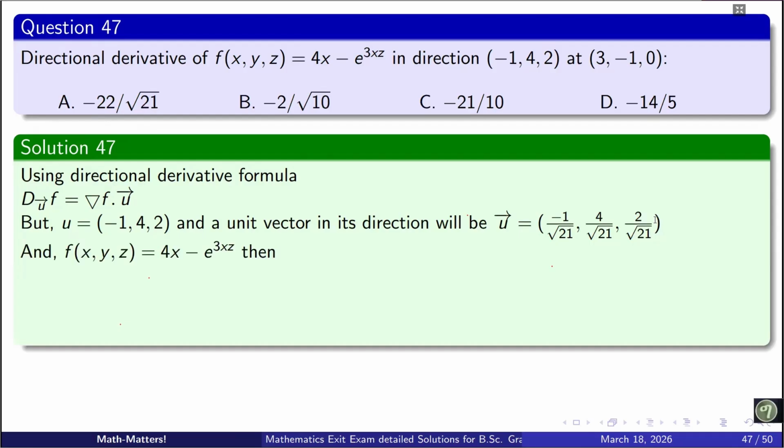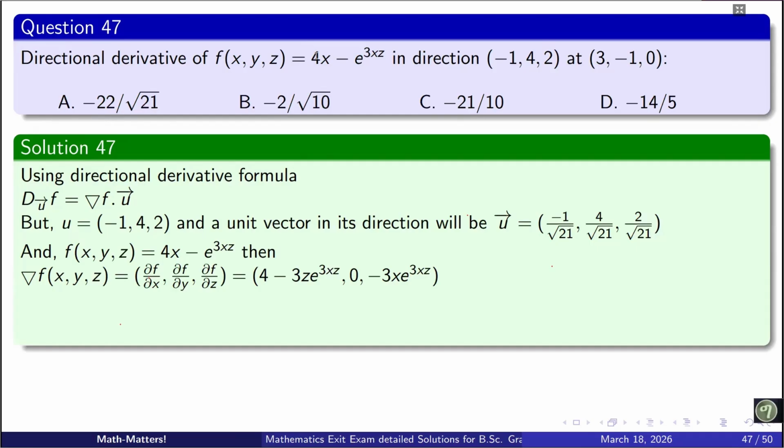Therefore, if f of x, y, z is given to be this one, then we have the gradient, that is the partial derivative of f with respect to x, y, and z. The partial derivative of f with respect to x is the derivative of this one.